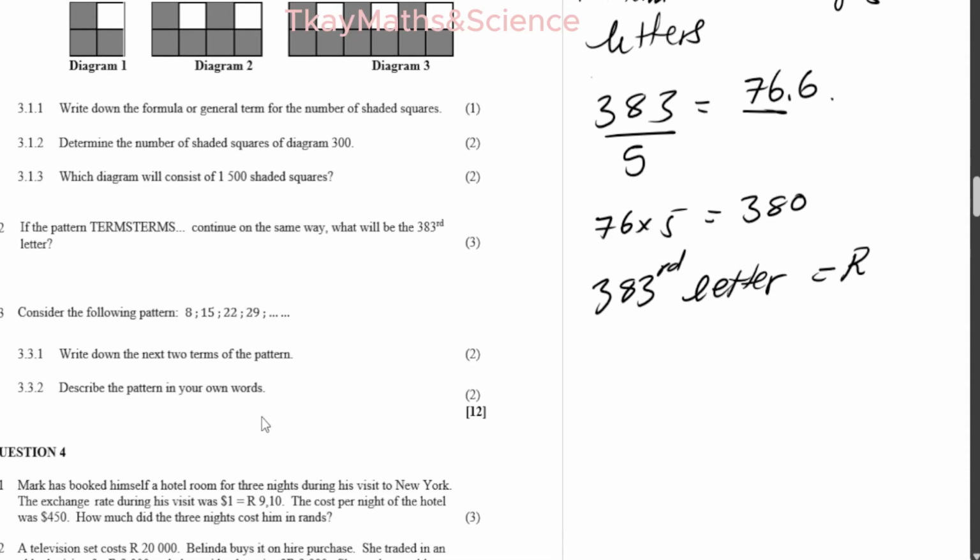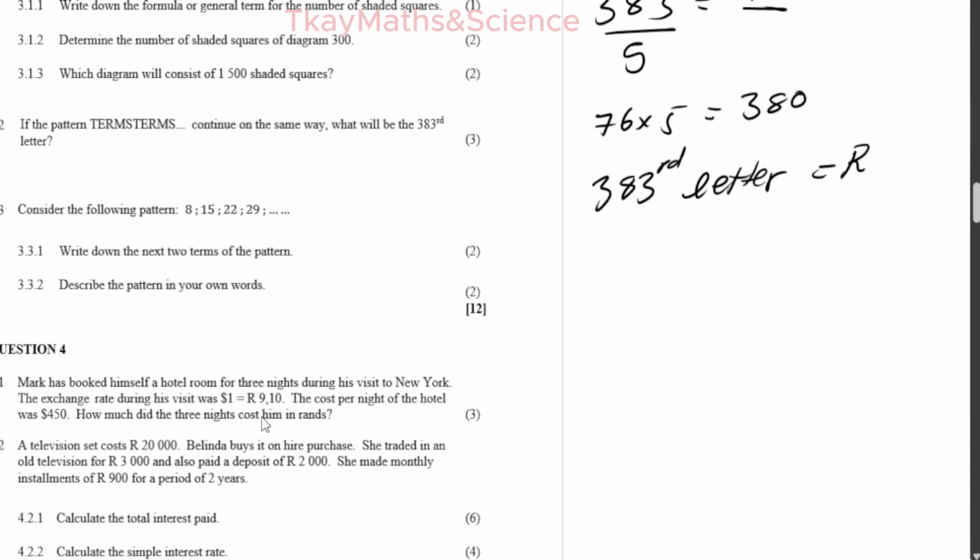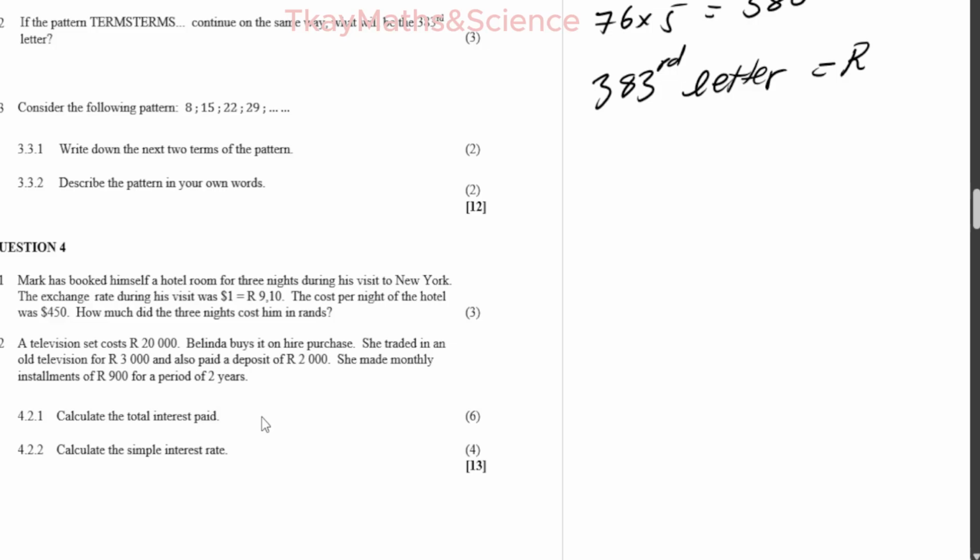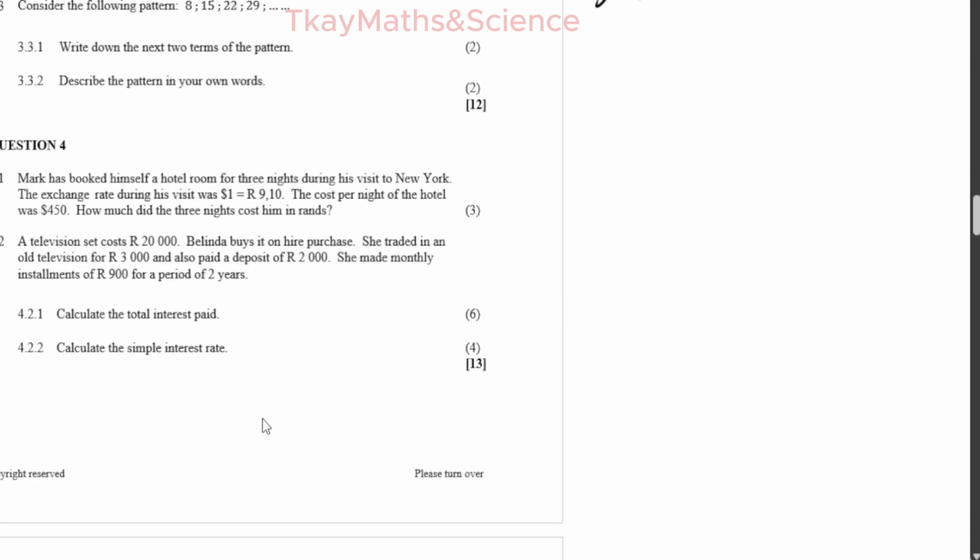So let's continue again. We're going to go to 3.3.1, actually.